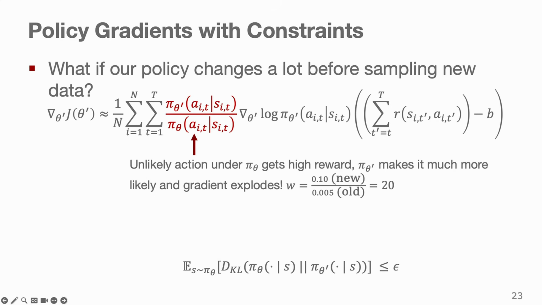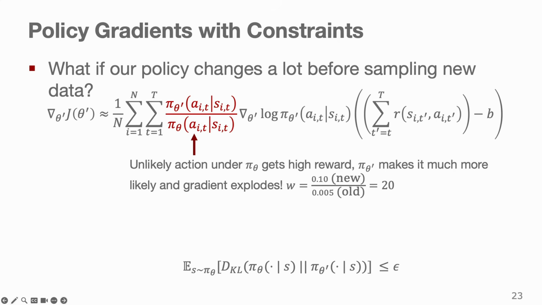So one solution to this problem is to constrain the policy so it doesn't change too much during those multiple gradient steps that you're taking. One way to implement this is by adding a KL divergence constraint, which measures how close two probability distributions are. Essentially, this will penalize the new policy if it tries to assign, let's say, a probability of 0 to an action that the old policy took.